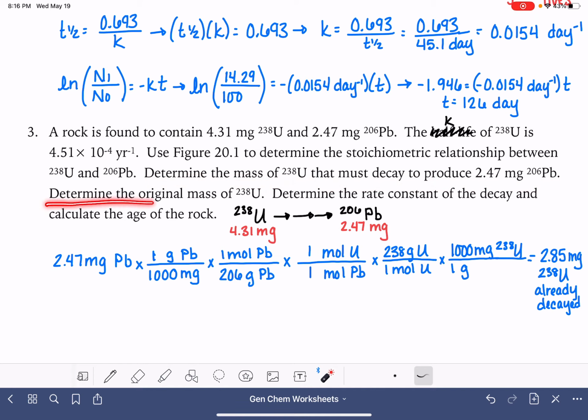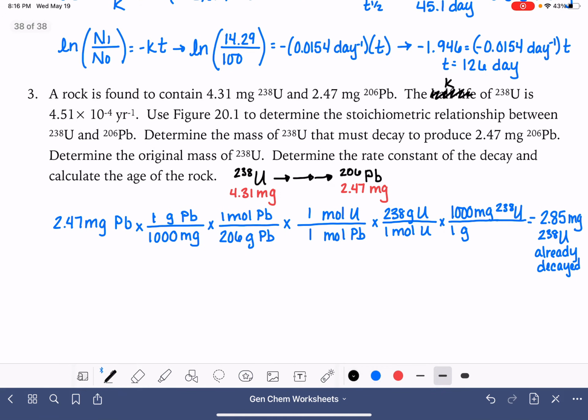Second part: determine the original mass of uranium-238. To get the original mass, we're going to take what we currently have left over. We currently have 4.31 milligrams. We just calculated that 2.58 milligrams of it has undergone decay.